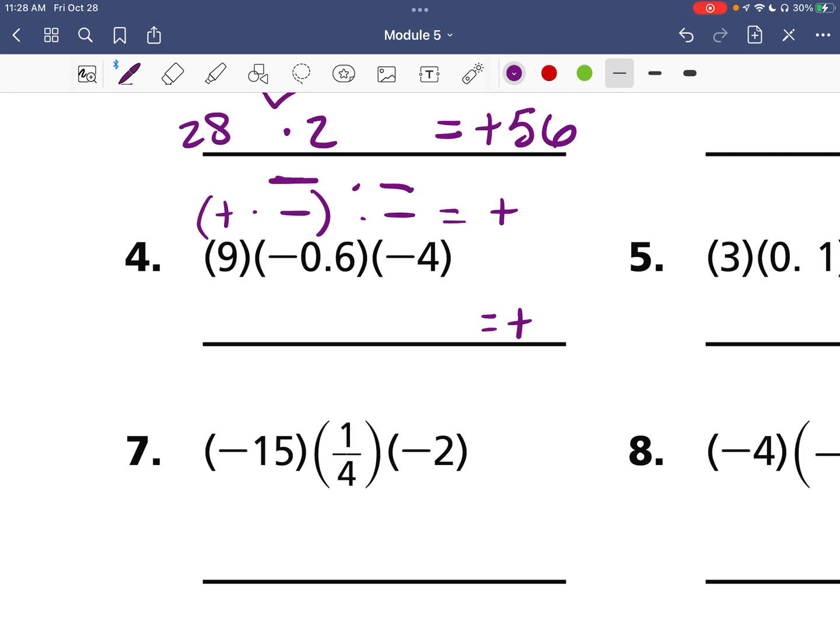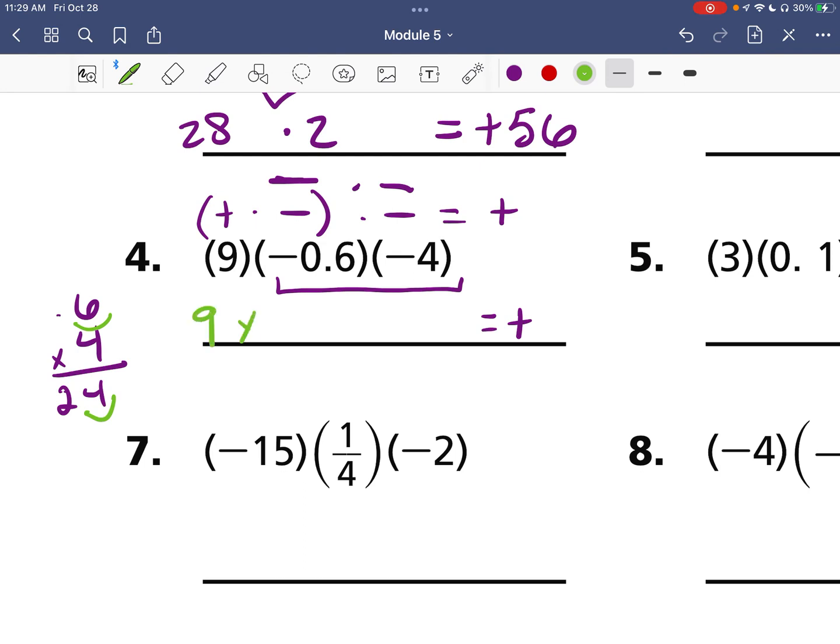And then, let's see here, we can do these two numbers if we want. 0.6 times 4 be 24. We're multiplying these. And then we can't forget our decimal. One jump there, one jump there.